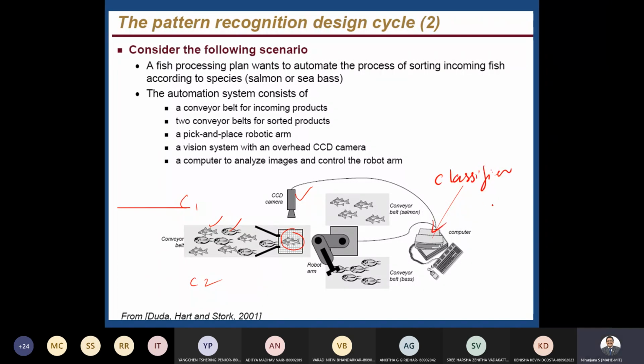inside which you may have your intelligent algorithm or ML algorithms. So this system having the algorithm can now take a decision whether the arriving fish, or the captured photo here, has what kind of fish, right? Based on the image or length of the fish.